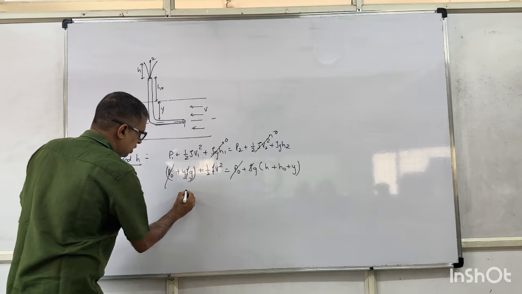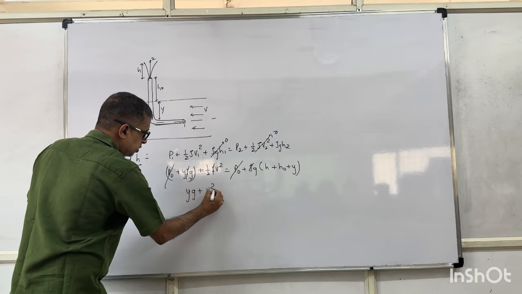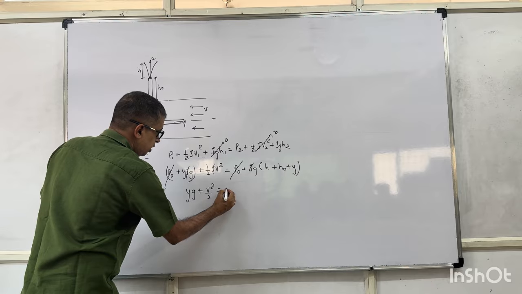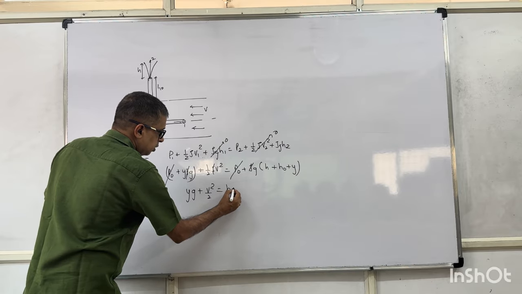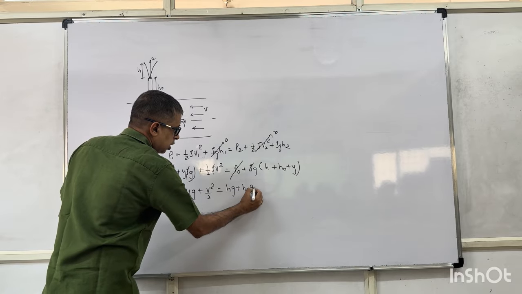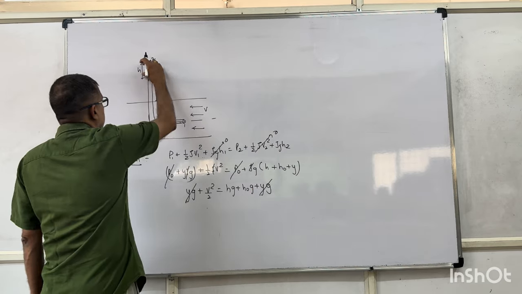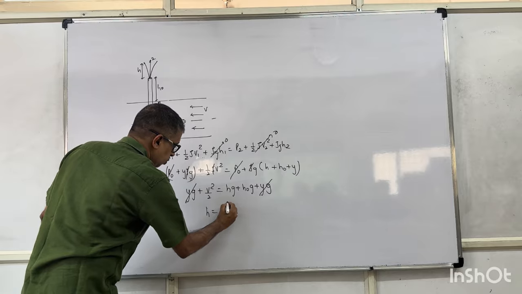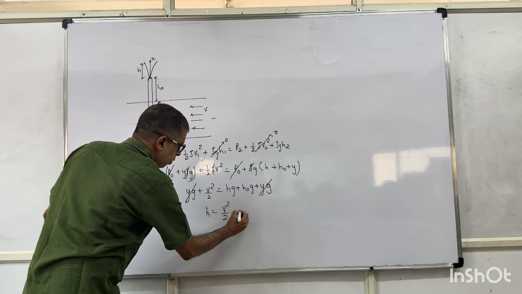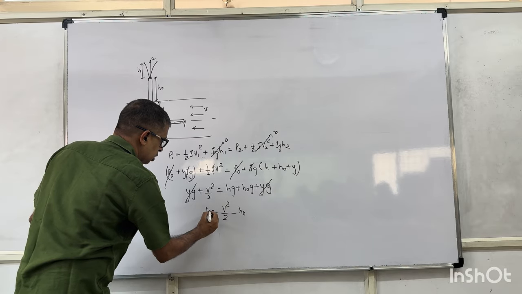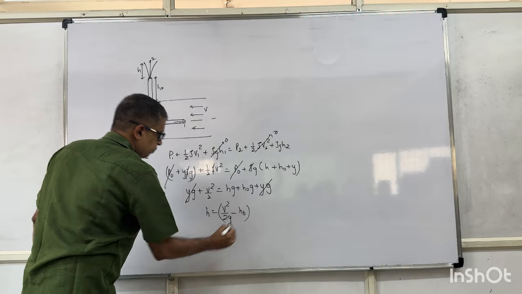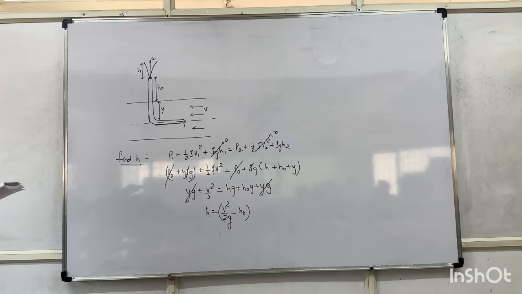Rho gets cancelled. yg plus v square by 2 is hg plus h naught g plus yg. yg gets cancelled. Your requirement is height h. h equals v square by 2g minus h naught is the height to which the liquid level rises.